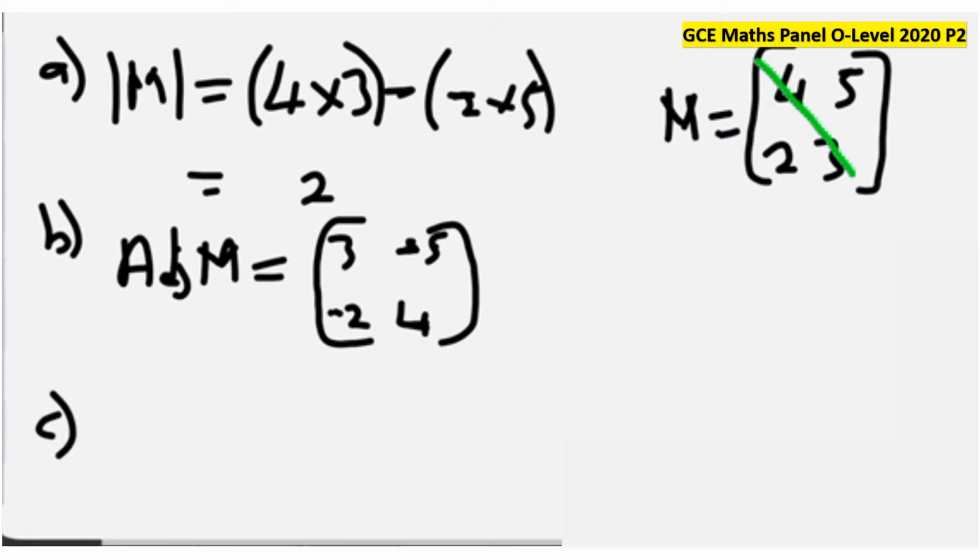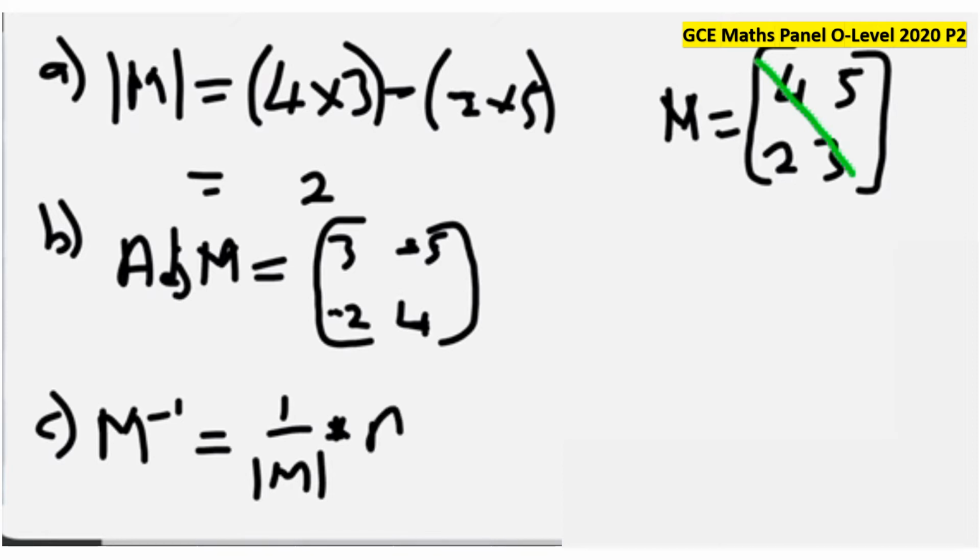And in C, we have to look for the inverse. M inverse is given by 1 over det M times adj M, the adjugate of this matrix, which we already have, and the determinant is already there.